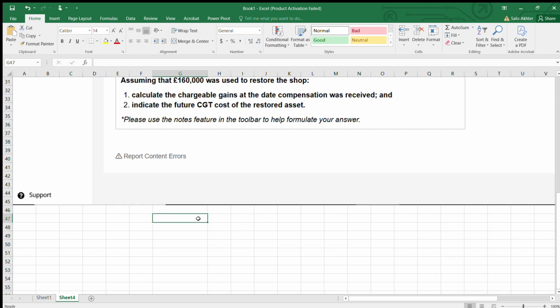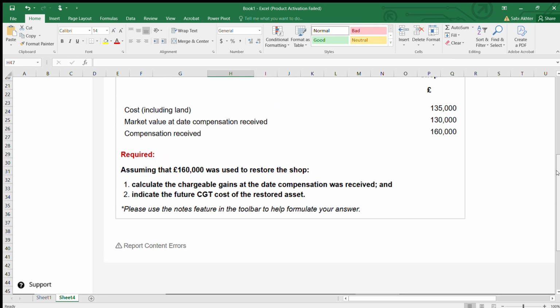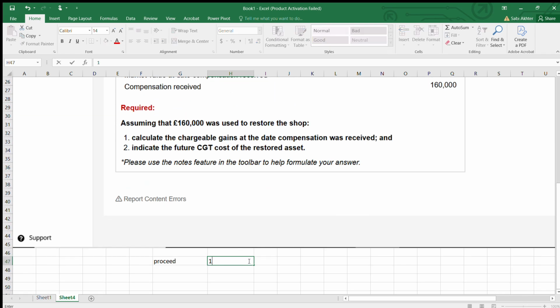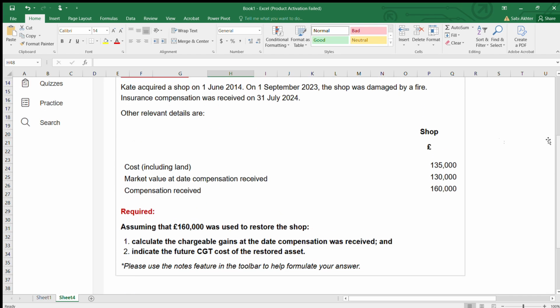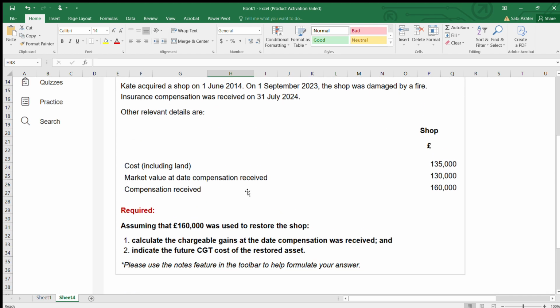So first is your proceed. Proceed is your compensation received, which is 160,000 in this case. Yes, 160,000. Now you are going to deduct the rollover relief. So here, if you see, compensation received is 160.